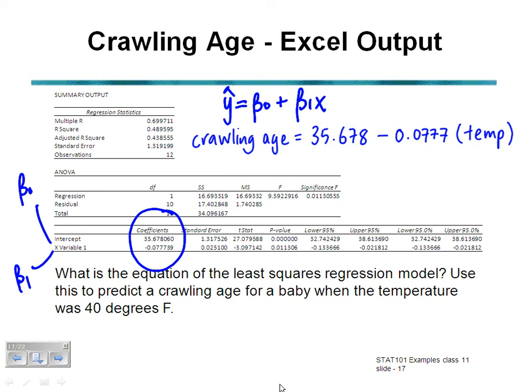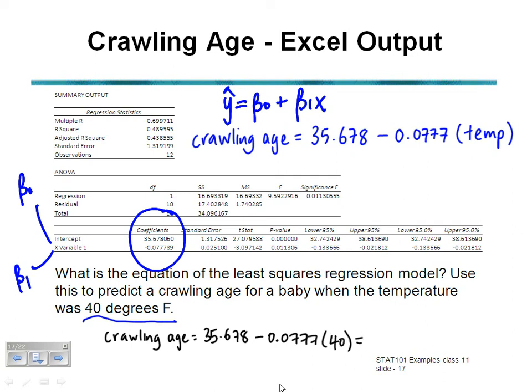If we know any value of temperature, we can use this equation to find the corresponding crawling age. So our example asks us to use this to predict a crawling age for a baby when the temperature is 40 degrees Fahrenheit. So substituting 40 degrees Fahrenheit into our equation that we've just found, the crawling age at 40 degrees Fahrenheit would be 35.678 minus 0.0777 times that temperature, times the 40.